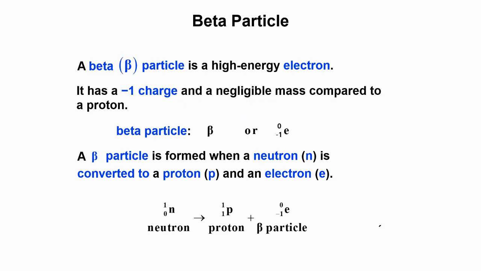Beta particle is just a high energy electron. So usually we're going to use electron, or we're going to use beta particle when it's in the nuclear decay. This one's kind of weird. We get a beta particle when we have a neutron that splits into a proton and an electron. The proton stays in the nucleus and the electron pops out. And so what's happening is we're increasing in proton number.